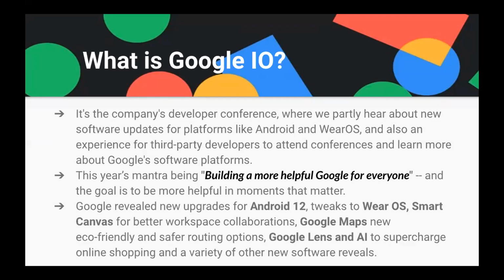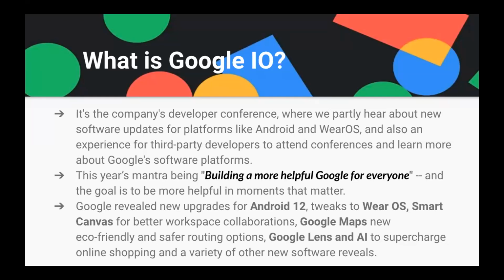This year's mantra was building a more helpful Google for everyone, and the moments that matter, because we are all in very unique times with COVID-19 and what have you. Google has really tried to capture that with I/O and its services. It revealed new upgrades, especially with the rolling out of the new Android OS, Android 12.